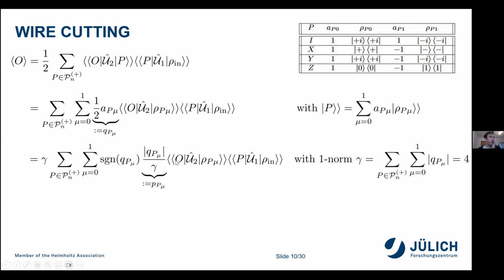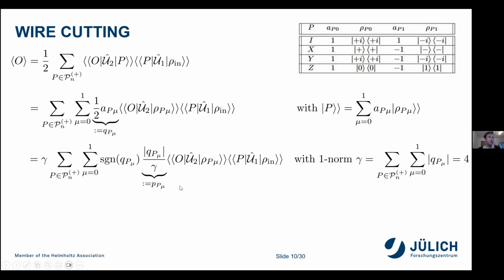You can apply two tricks to turn them into probabilities. The first one is simply to write this quasi-probability as its sign times its absolute value. The second trick is to define this so-called one norm. That is the sum over the absolute values of the quasi-probabilities. And we divide and multiply with this.